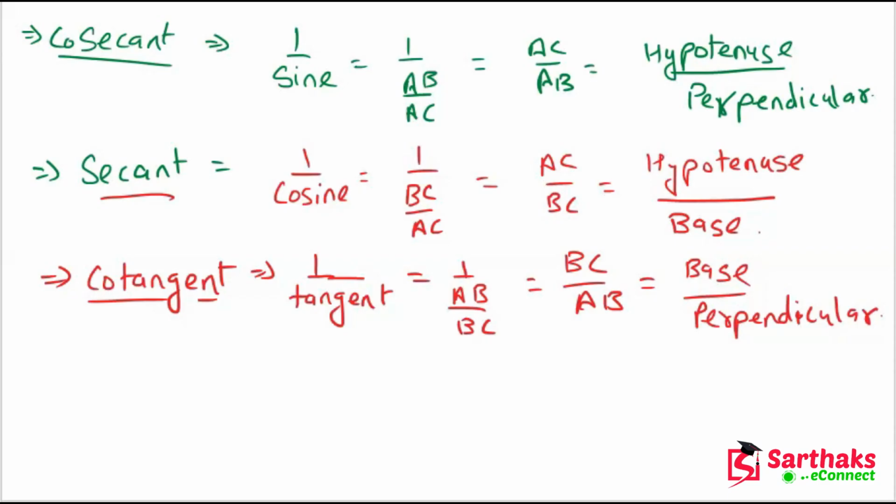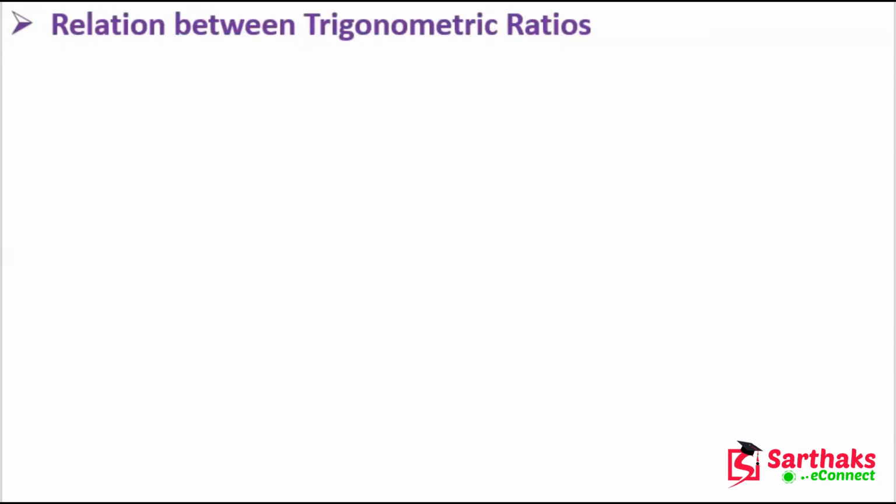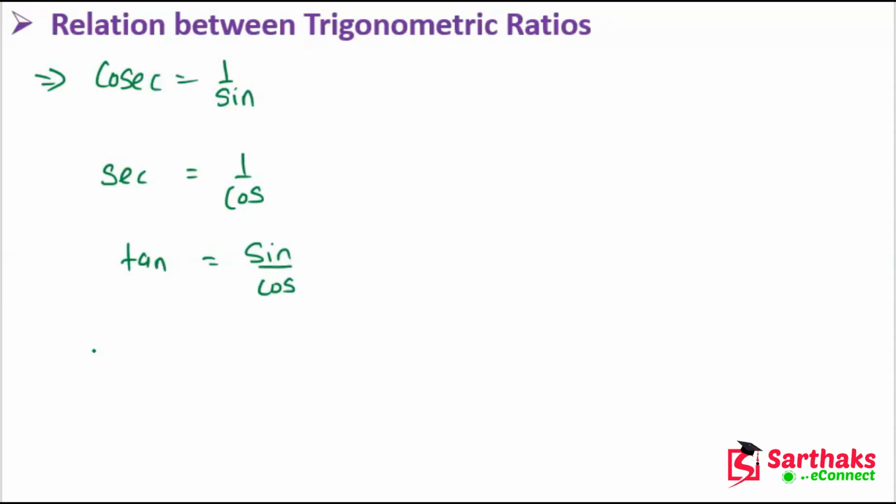So let's move on. Relationship between trigonometric ratios. What is the relationship? Cosec is 1 upon sine. Sec is 1 upon cos. Tan is sine upon cos.